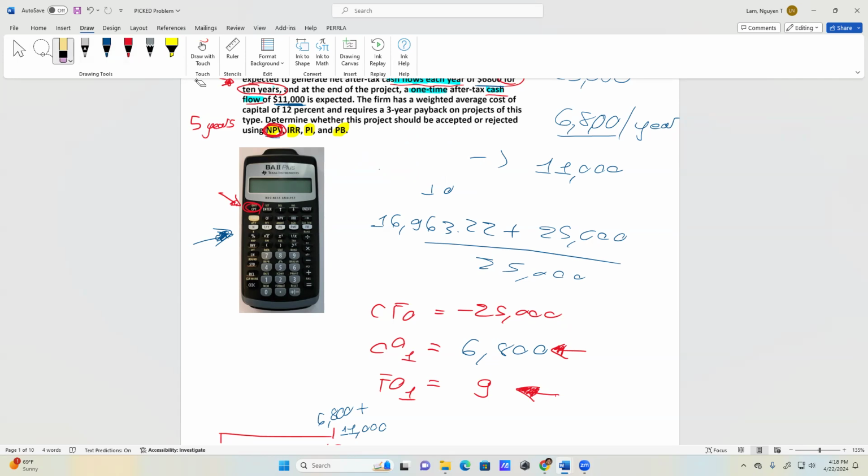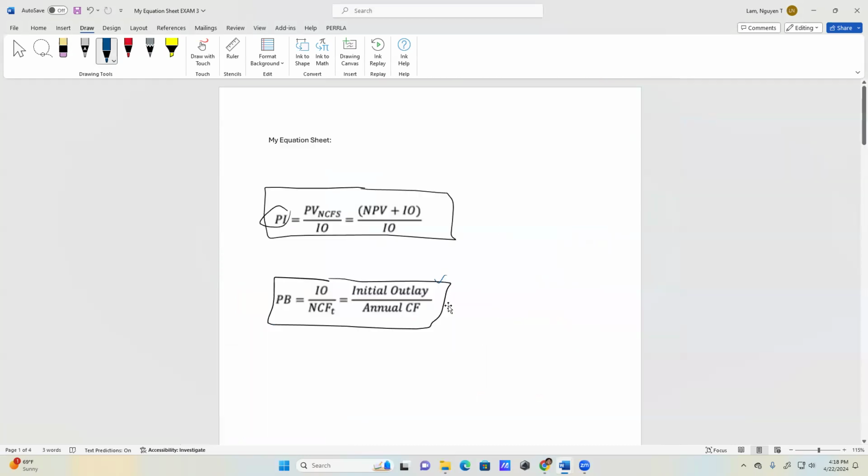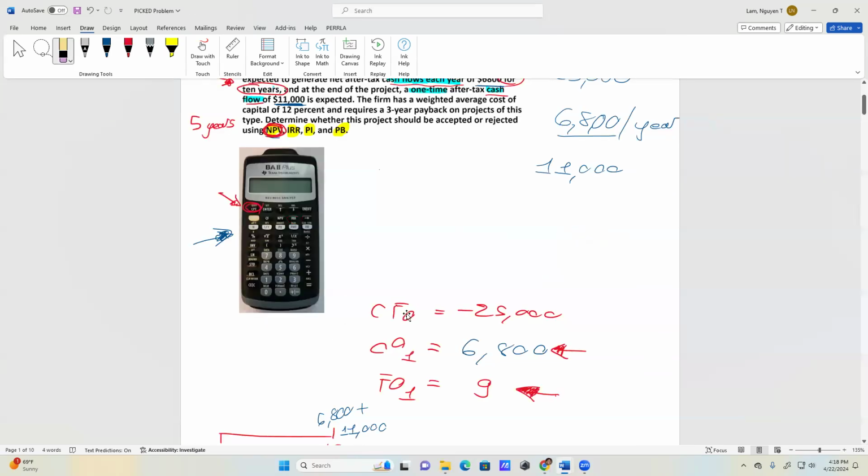compute the payback, the PB value. And how do we do it? All right. Like I said, the formulas for PI and PB will not be provided. So right here, the PB is the initial outlay divided by annual cash flow.